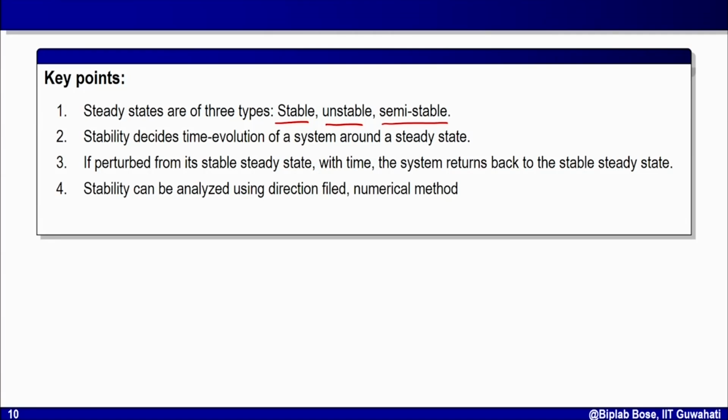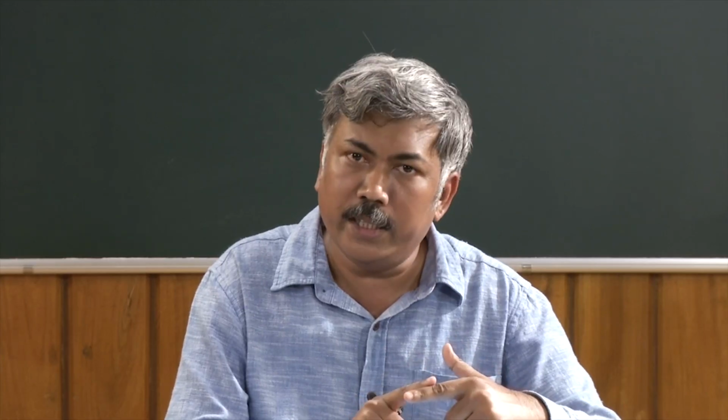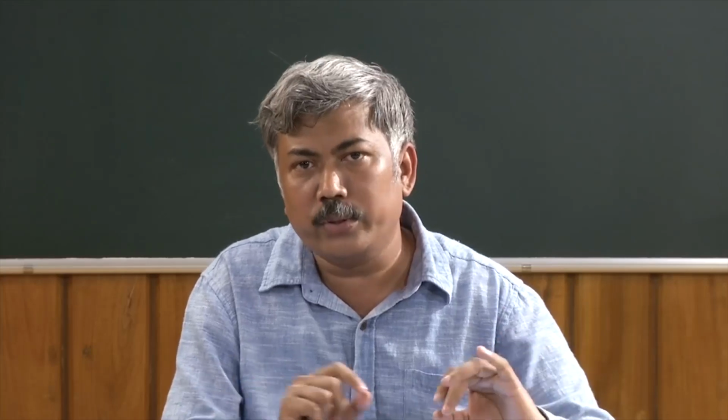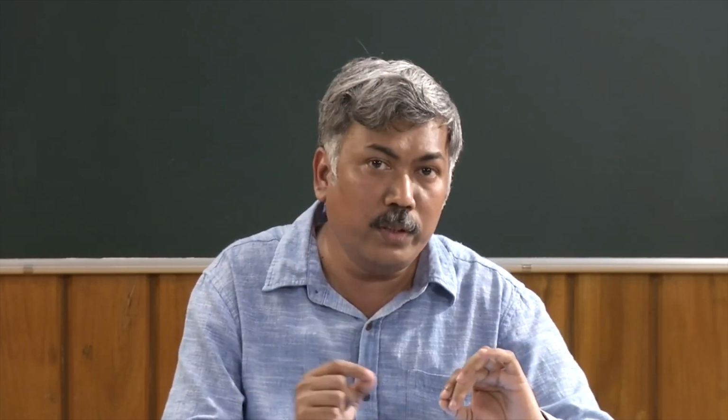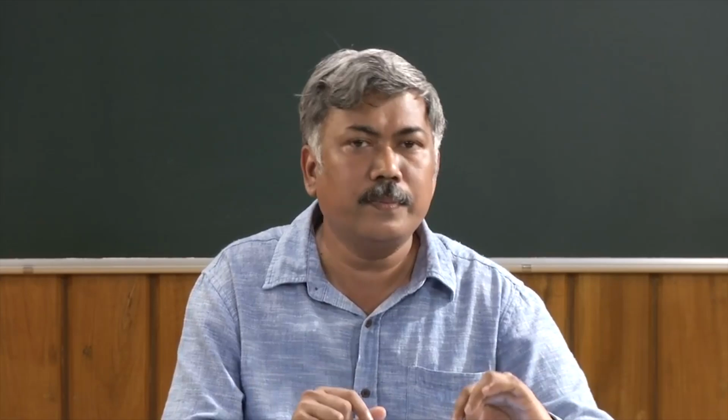We have shown three methods of understanding and analyzing the steady state stabilities. One method is using the direction field. You draw the direction field, the x versus t plot with the arrows showing the direction, and then you see whether the arrows are moving towards the steady state or moving away.